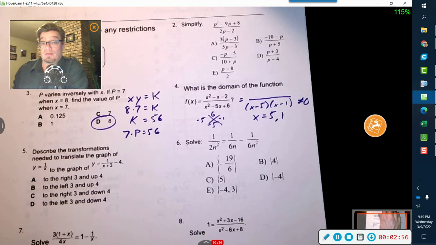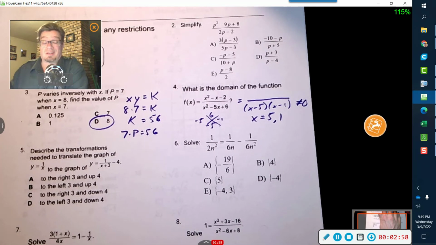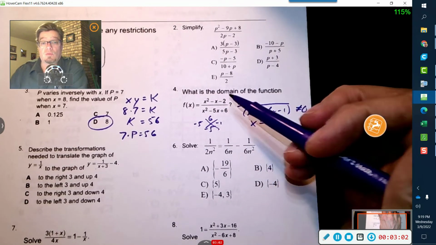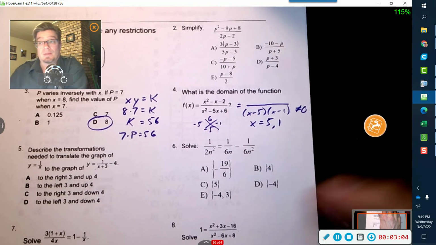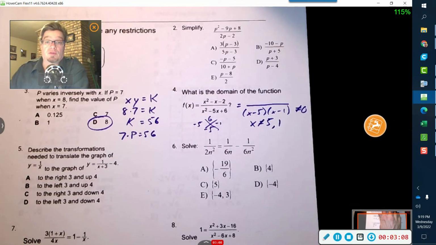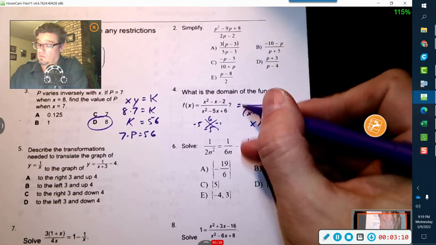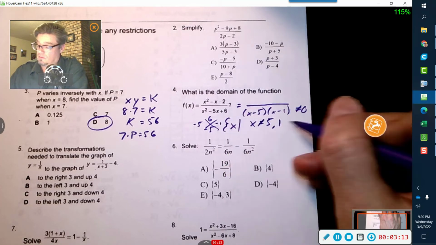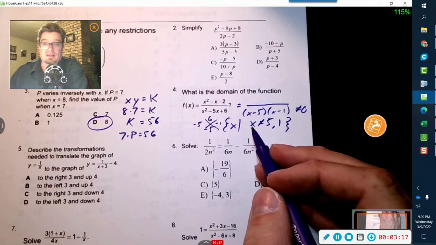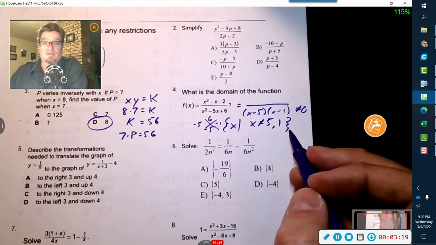Now, if it was just the denominator and we were trying to solve something, then we would be done. But because we want the domain, we want to find out what it can't be, because it can be everything else. And so our domain is all real numbers except x cannot equal those two. So x can be everything except 5 or 1.